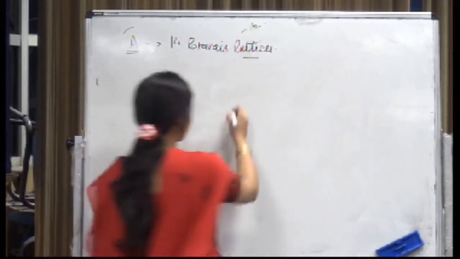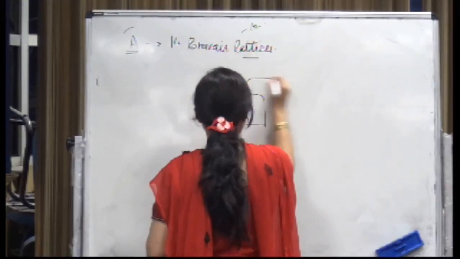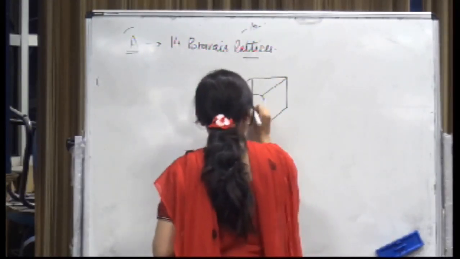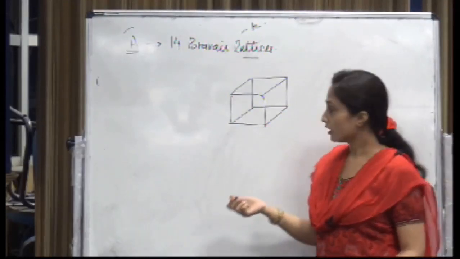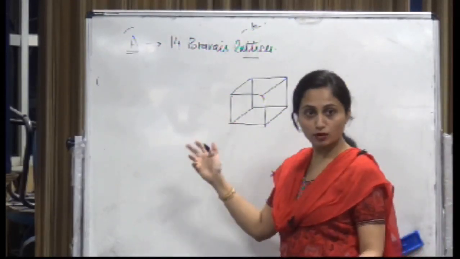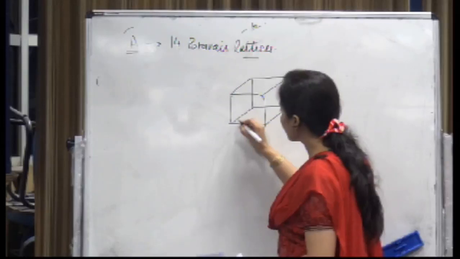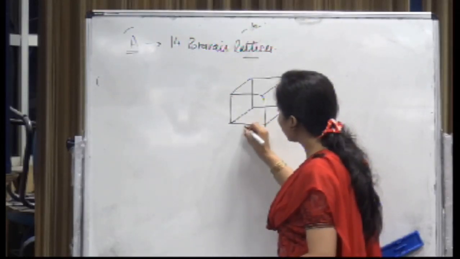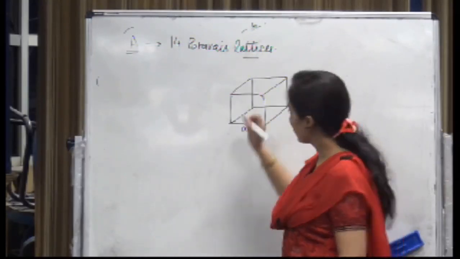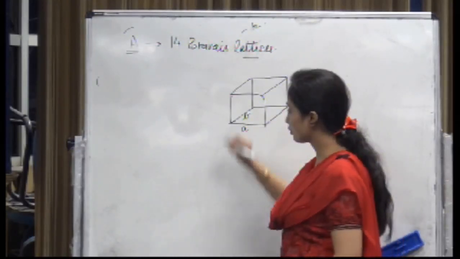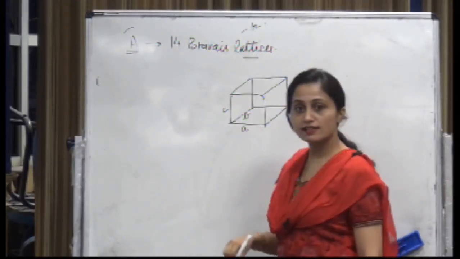When you are talking about the unit cell in totality, it is not necessary that all the 3 edges will always be the same. It can be a cuboid as well, depending upon the arrangement. These are known as the edges of the unit cell: a along the x direction, b along the y direction, and c along the z direction.